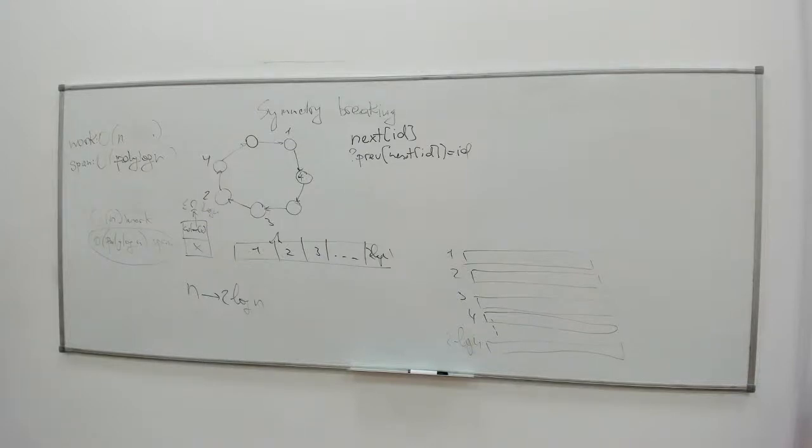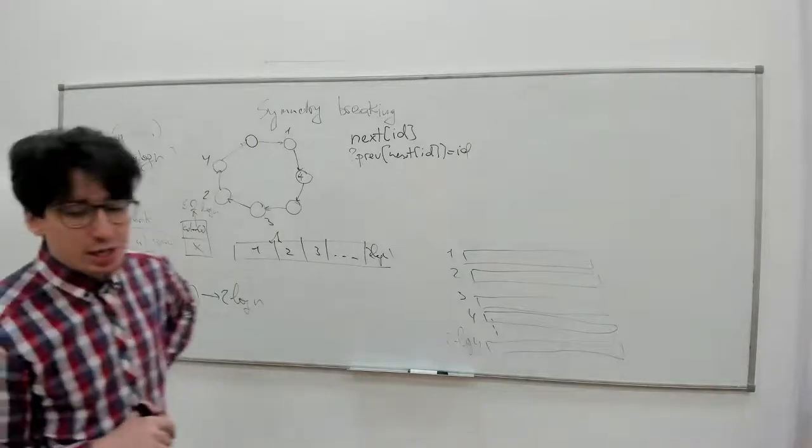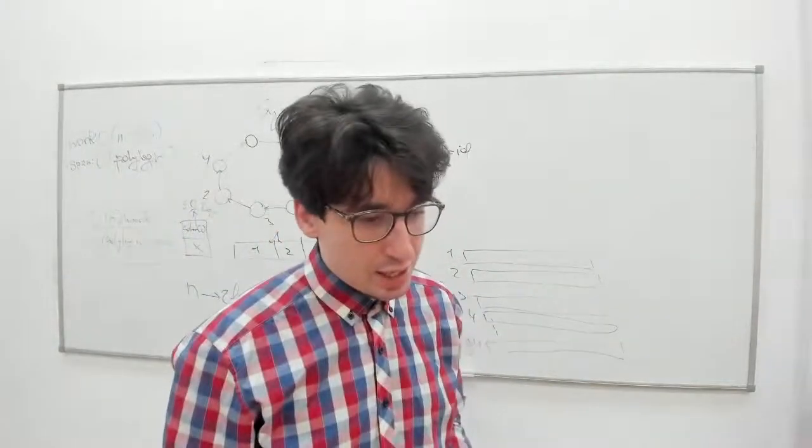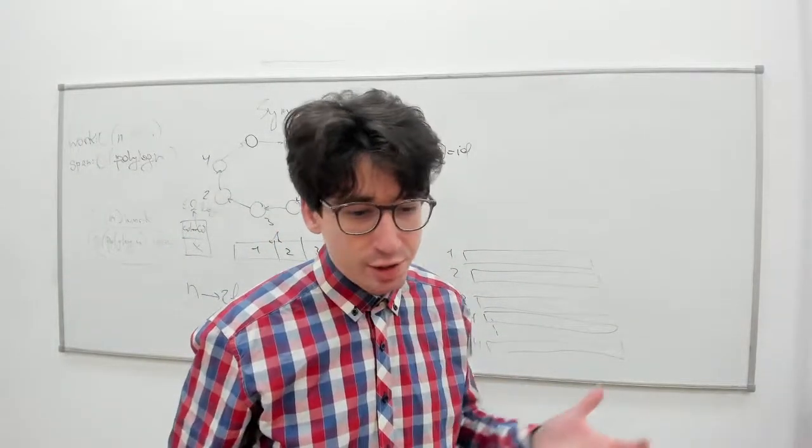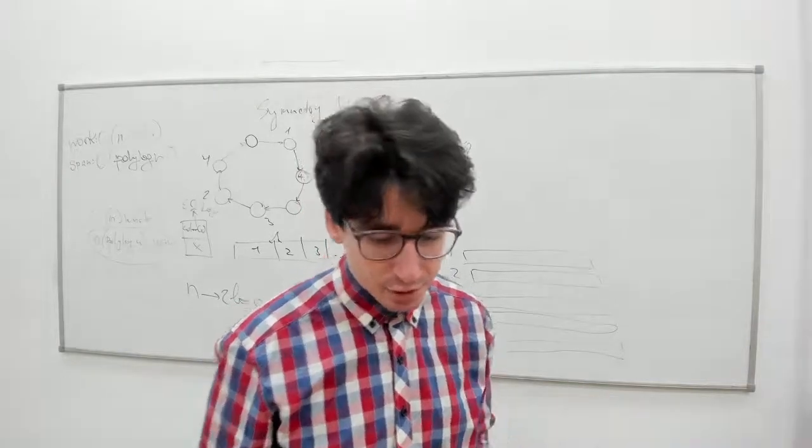Okay, that's the algorithm for symmetry breaking. What I could say is that in the PRAM model you can have an algorithm in logarithmic time, and it is explained in 5 pages or something like that. I'm not going into it because it doesn't really have anything to do with real-life systems.